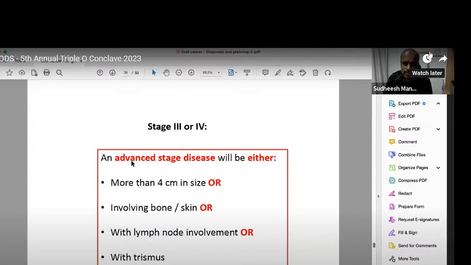For advanced stage disease, if any disease is more than 4 centimeters in size or involving bone or skin or with any lymph node involvement or with trismus, if any of these features are present, that means it is either stage 3 or stage 4. That is an advanced stage disease. As a clinician, you should be able to at least differentiate between early stage disease and advanced stage disease.